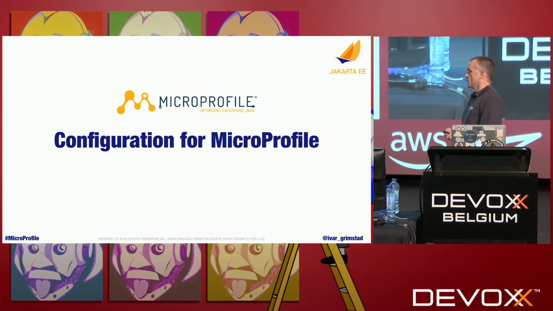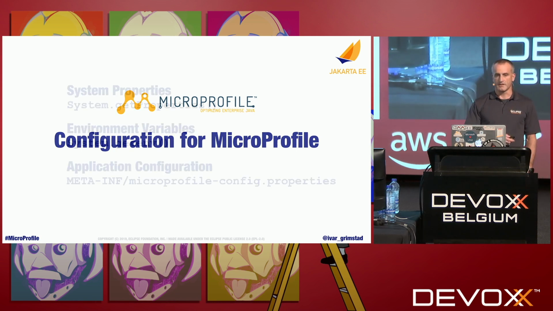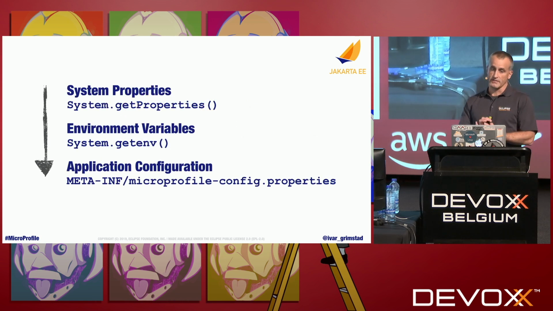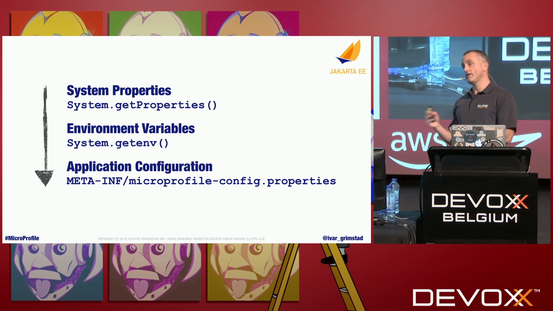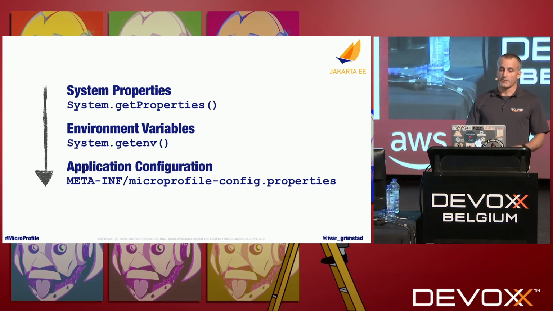And to do that, we have configuration for MicroProfile that helps us with that. And it comes with 3 default configuration sources. You can use the application configuration file within your application, the microprofile-config.properties file. And this is good for when you're just exploring things on your laptop and running in a local environment.